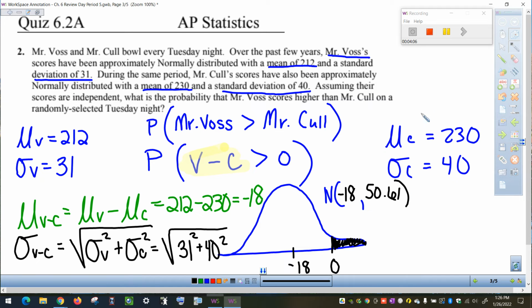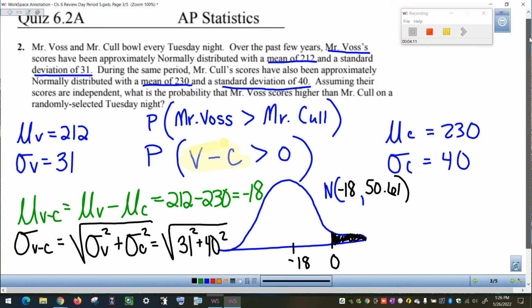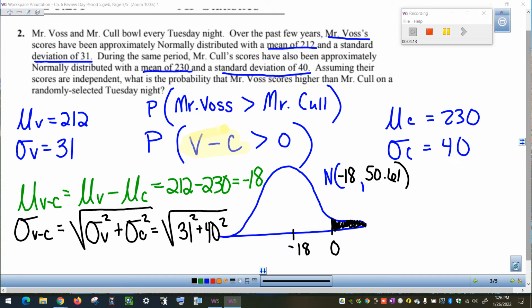Yeah, David. Why do you do the square root here? Right here for the standard deviation part. So if you look back at, like on the back wall from one of our 6.2 lessons, just the rule for getting the standard deviation of a difference, that's just what our formula is.